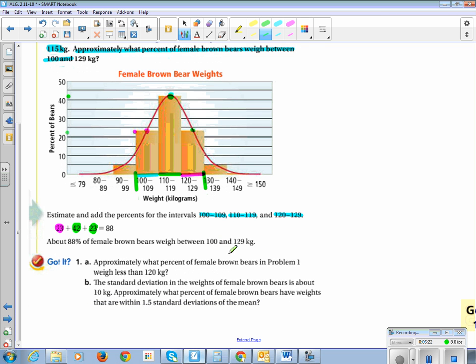All right, so let's do this problem for the brown bears that weigh less than 120. So let's find 120, which is here.